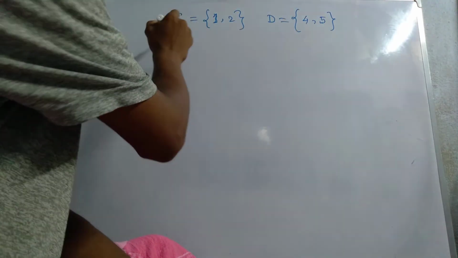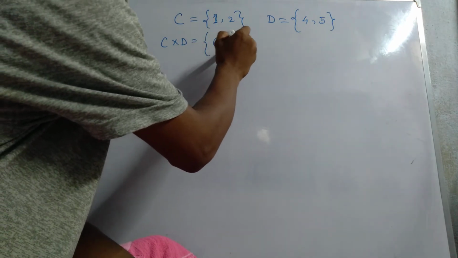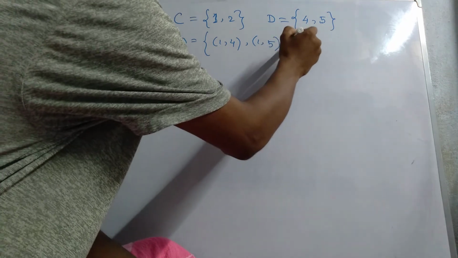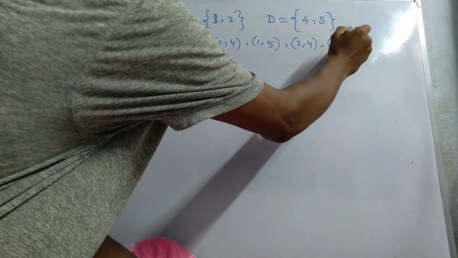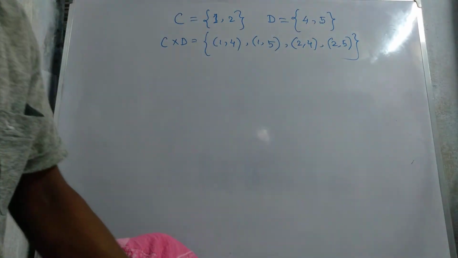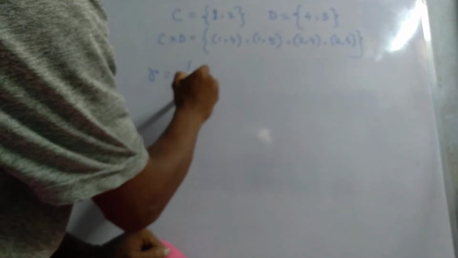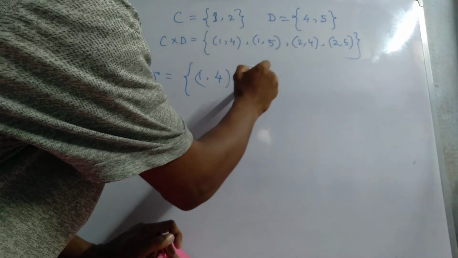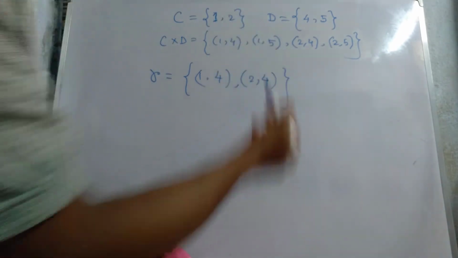Then C Cartesian product D equals obviously (1,4), (1,5), (2,4), (2,5). Then for R we take just a subset of this: (1,4), (2,4).